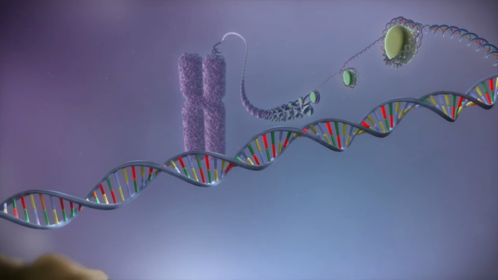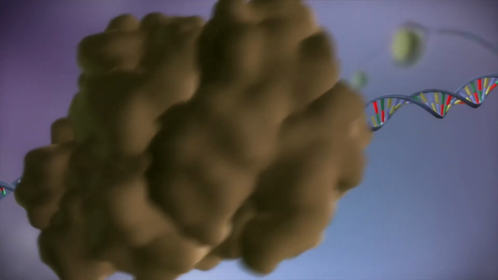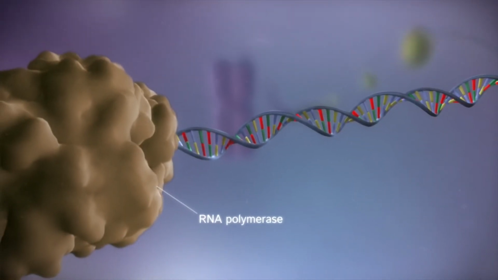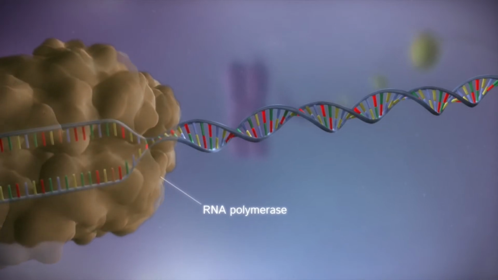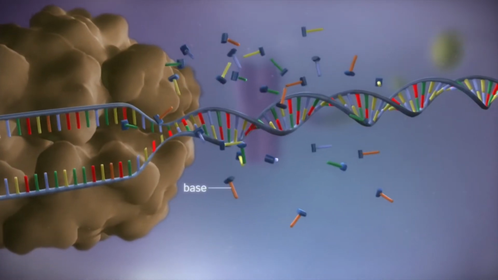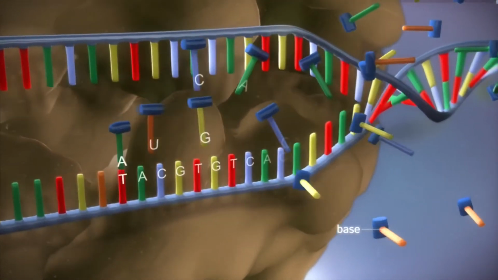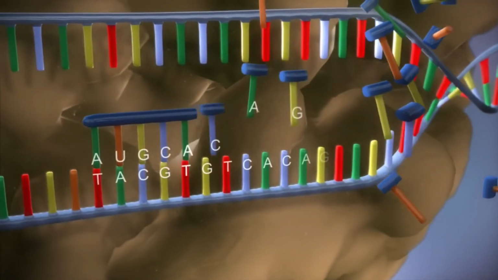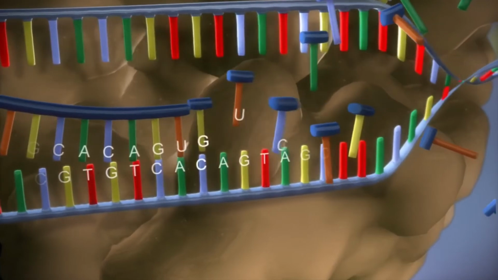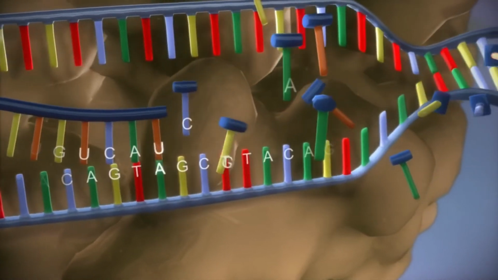When a gene is switched on, an enzyme called RNA polymerase attaches to the start of the gene. It moves along the DNA, making a strand of messenger RNA out of free bases in the nucleus. The DNA code determines the order in which the free bases are added to the messenger RNA.